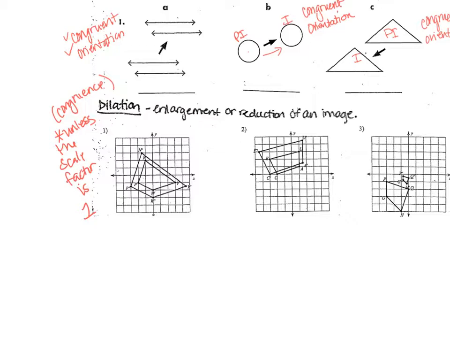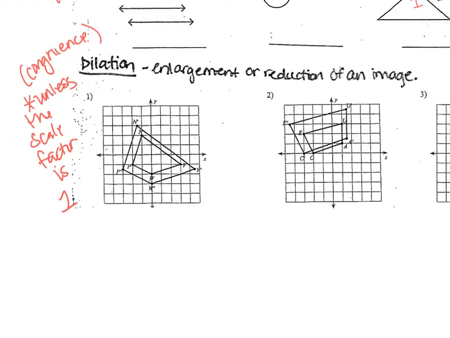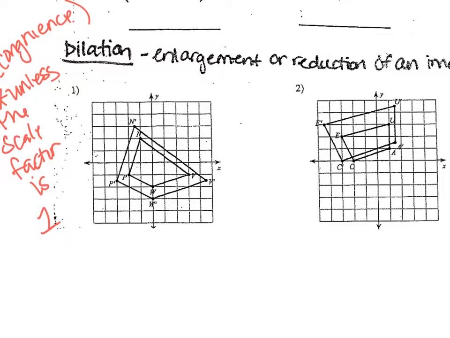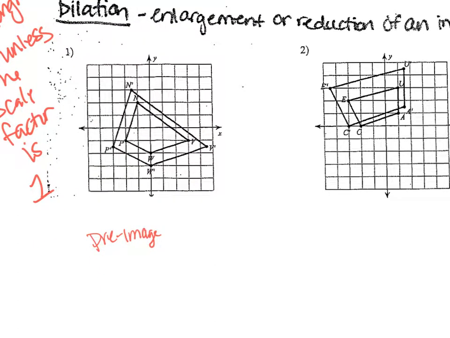It remains the same. So on number 1, remember your pre-image will be labeled with just the regular letters like N, P, W, V. And then your image, whatever happens after your transformation, remember we put that little hash mark.